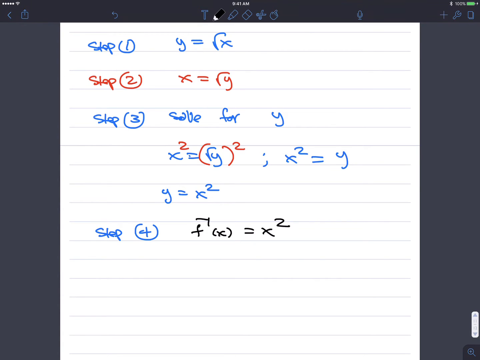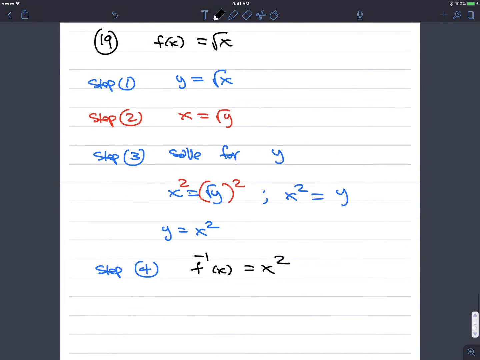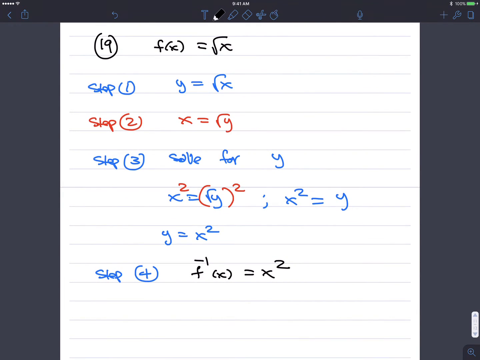Now, let me make an observation, but before I do that, does anybody have any questions on how I got this inverse? How did we get this inverse? With these 4 steps. You follow this process, right? I want to make an observation here. Everybody okay with that? All right, under this radical, let me point something out to you. What's under this radical? Isn't that x under this radical?